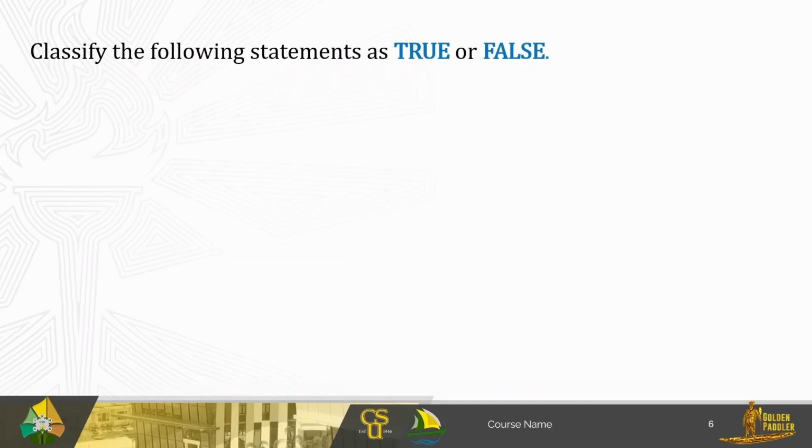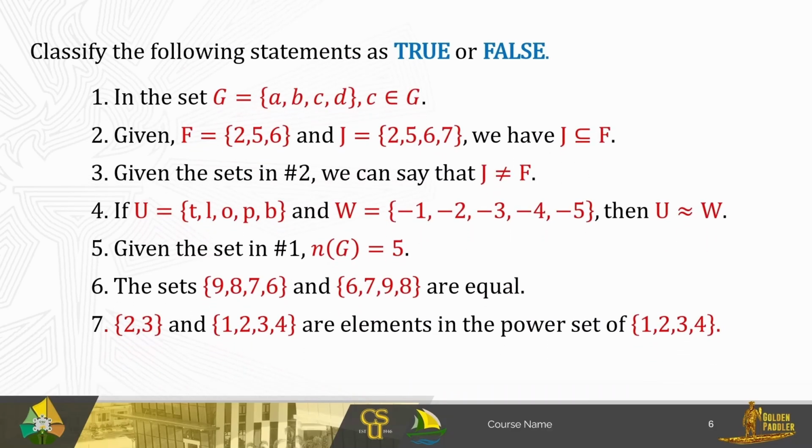Okay, so let us classify the following statements as true or false. In the set G containing A, B, C, D, C is an element of G. Is it true? Yes, you are correct. That is true.